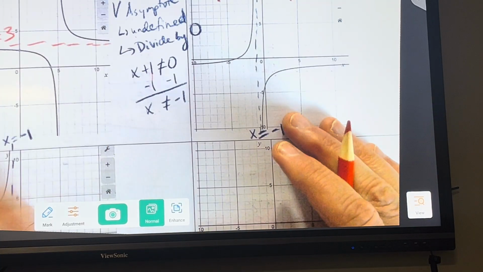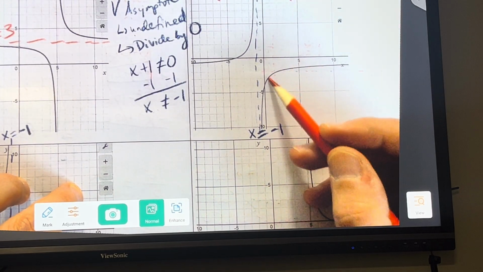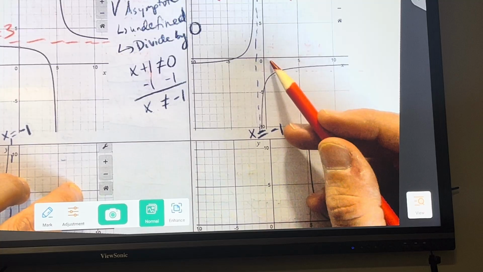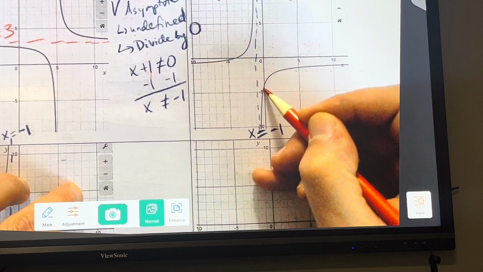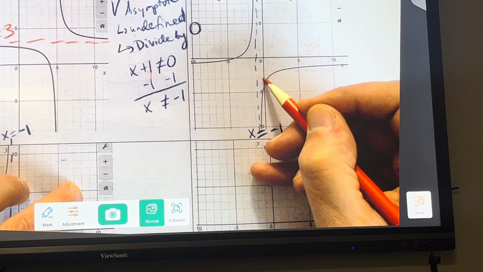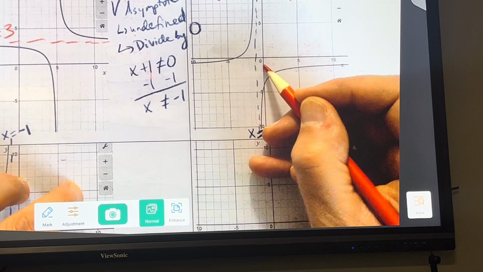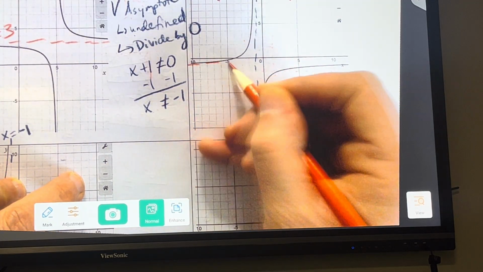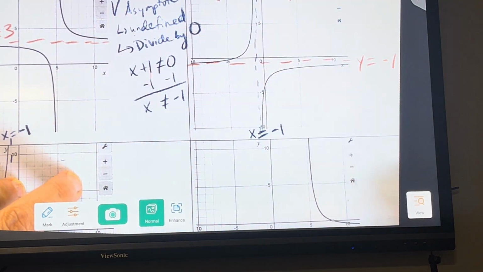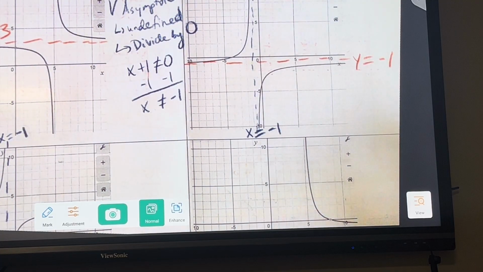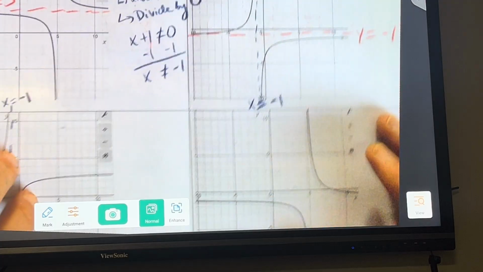Okay? If we look at this one, y equal negative 5, y equal negative 4, y equal negative 3, y equal negative 2, y equal negative 1. Y equal negative 1 is never touched. Okay, and you can do the same analysis on the other two graphs.